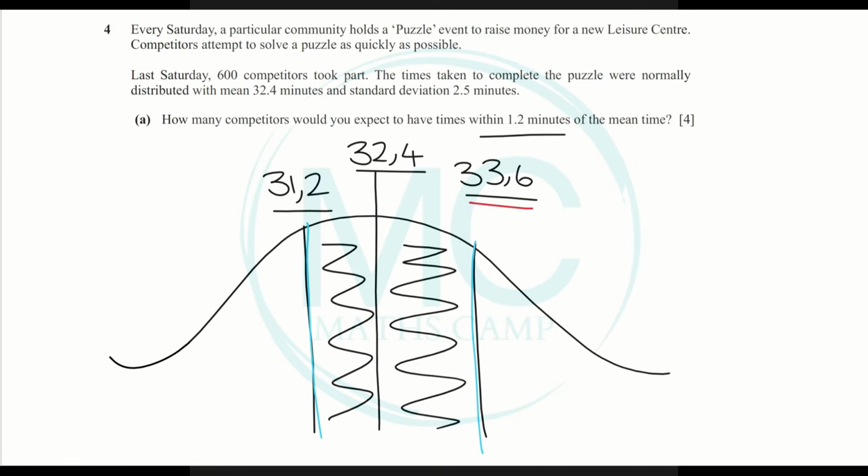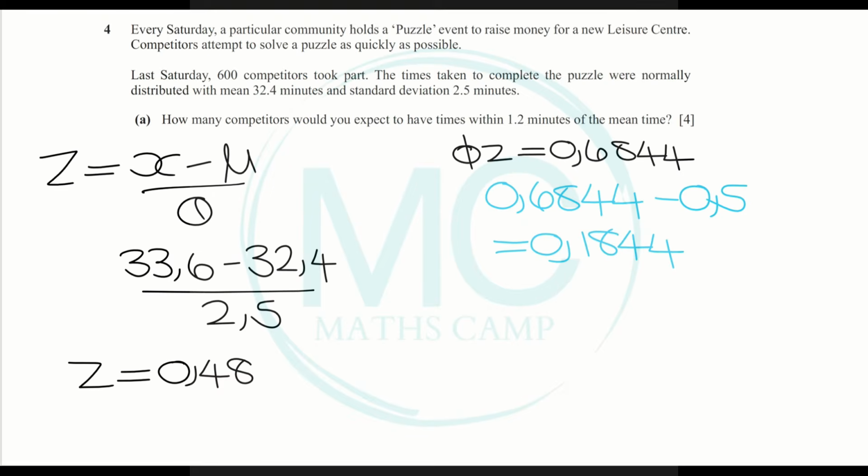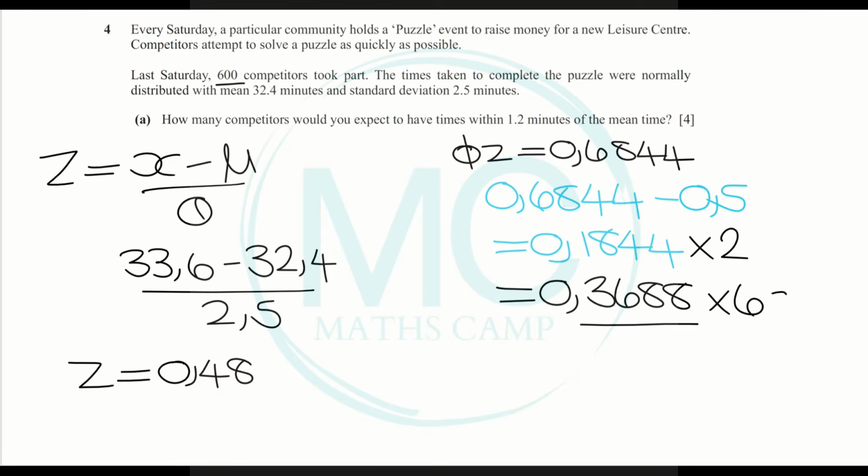So to find the total area between the blue lines, all we need to do now is multiply this by 2. I can multiply by 2, and I'm going to get 0,3688. This is our total probability. Now, to find the number of competitors, all we do is we multiply this by the total competitors, 600.